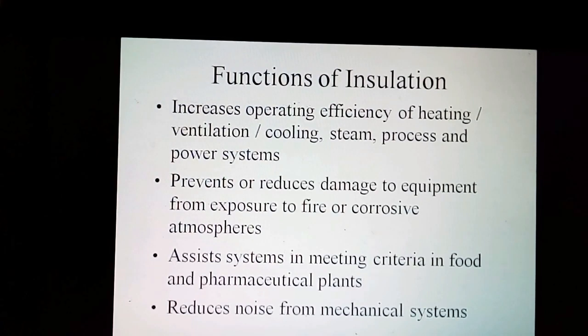Assist systems in meeting criteria in food and pharmaceutical plants. Reduce noise from mechanical systems.